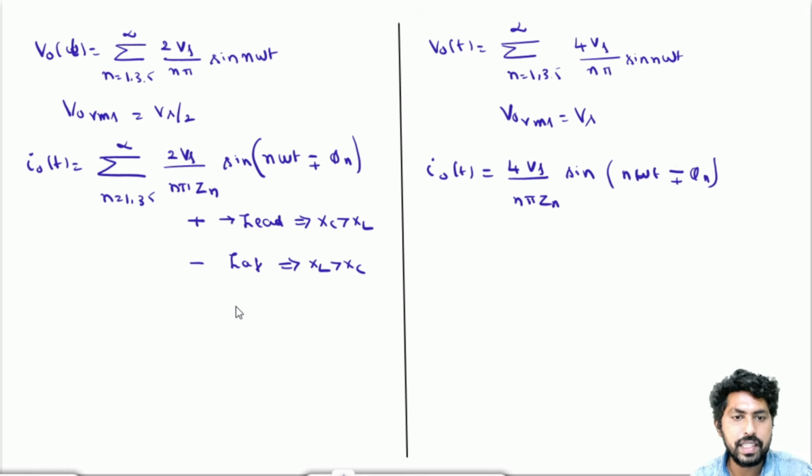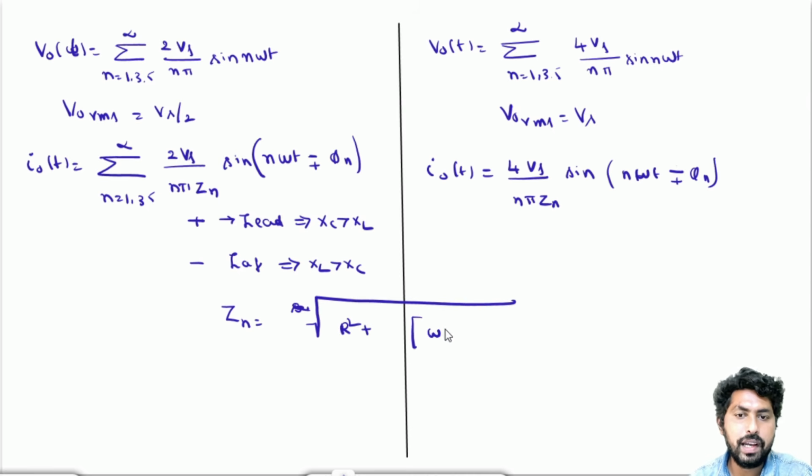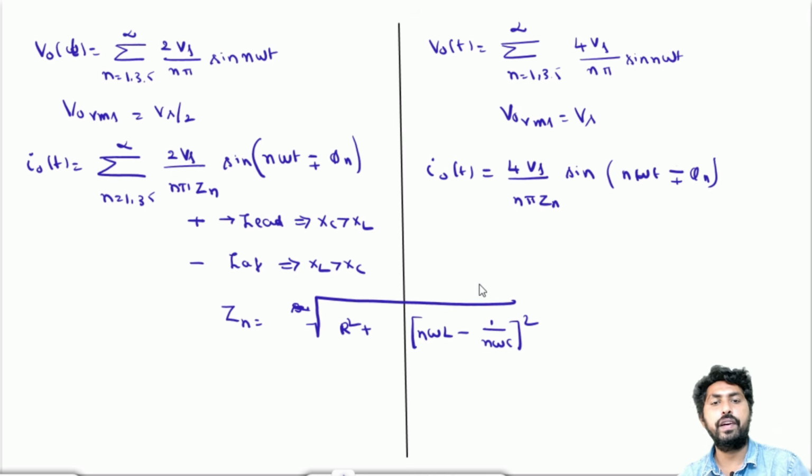They both have the same values of Zn, so Zn will be the same. Zn equal to square root of r square plus, omega L minus 1 by n omega C, whole square.